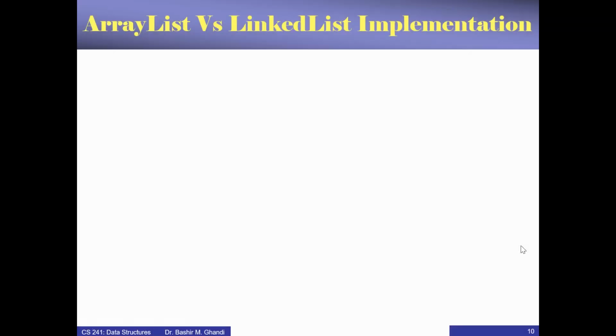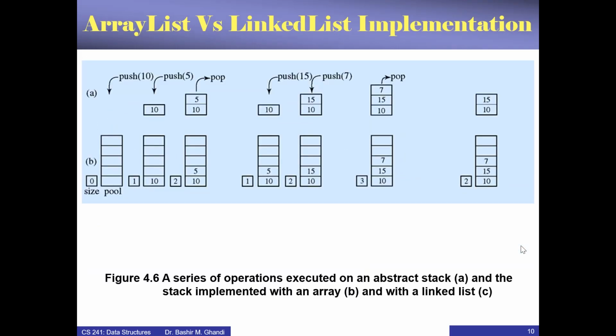This figure from the book actually shows these two disadvantages. You see, for array lists, a size has to be specified, so you have to create an array of a certain size. If you notice here, after the operations that are executed, we never use more than 3 cells out of these 5 cells that are allocated, and therefore at least 2 cells are wasted in this case.